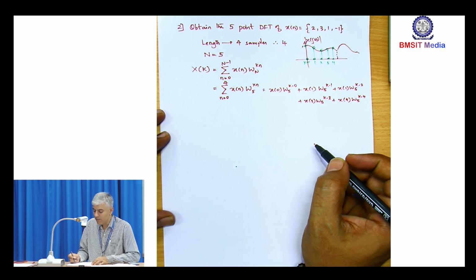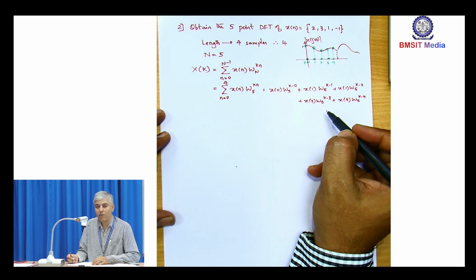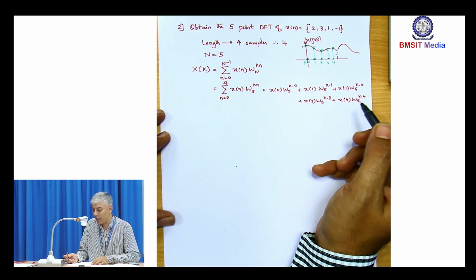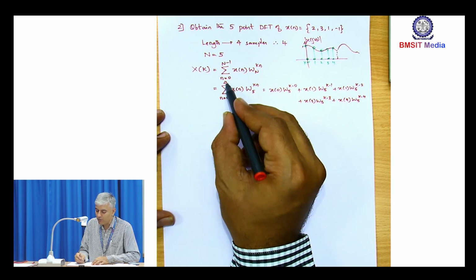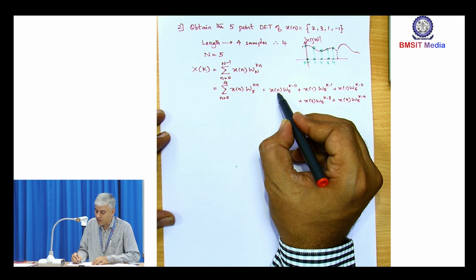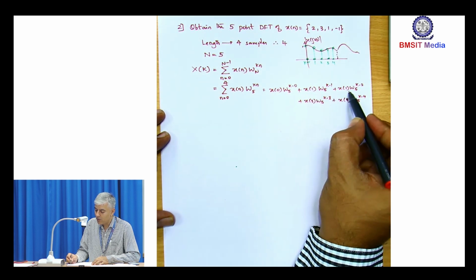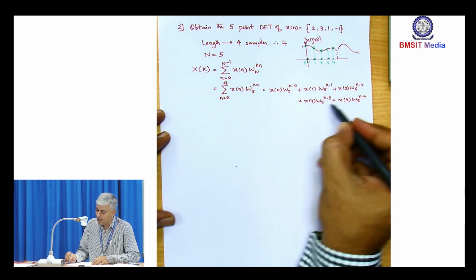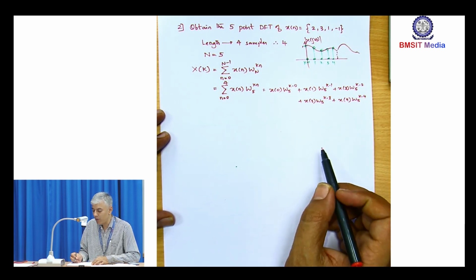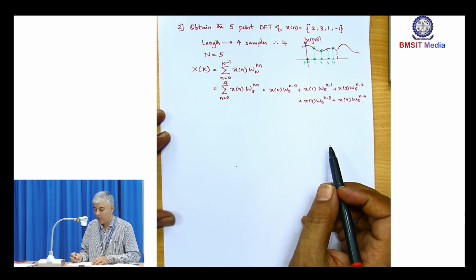What is the next term? Plus x of 5 W_5 raised to k into 5? No, that is not needed because n is ranging only from 0 to 4. So it goes only up to x of 4.